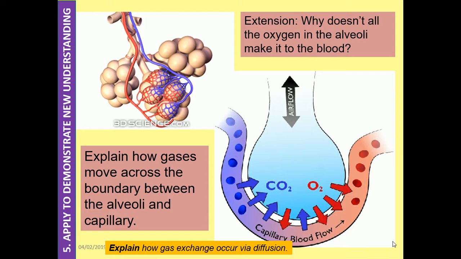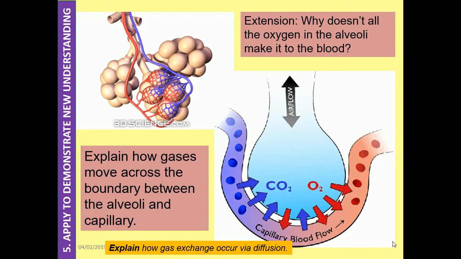And it's because, one, it's happening very quickly, but two, diffusion is a movement of the gas from a high concentration to a low concentration. So if you imagine there's lots of oxygen in the alveolus, and then it's diffusing across into the blood, and then you get to the kind of equilibrium.